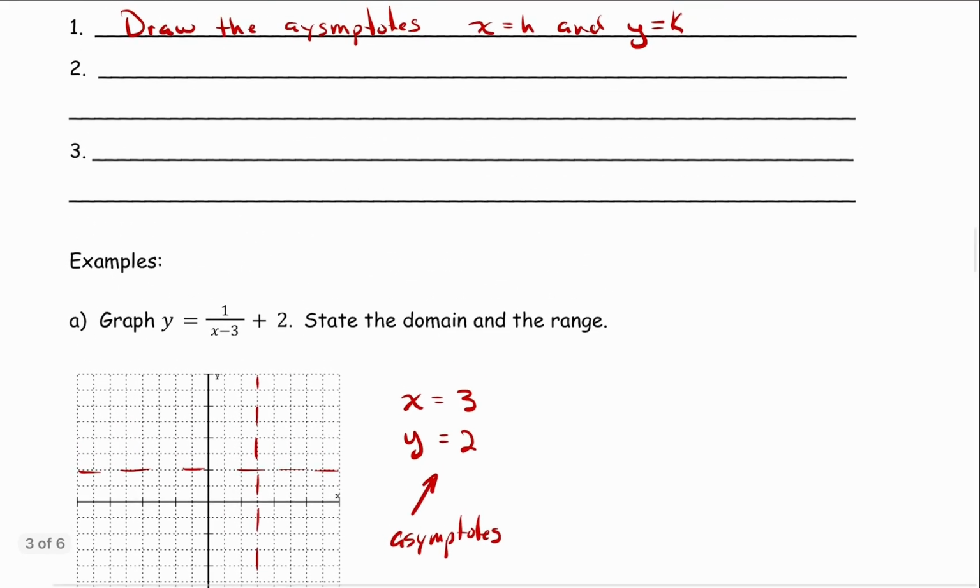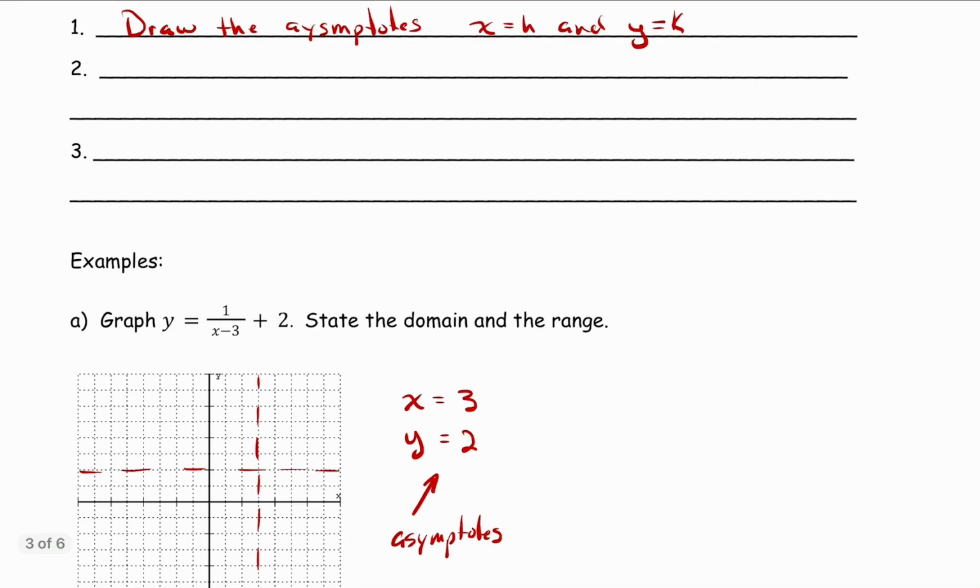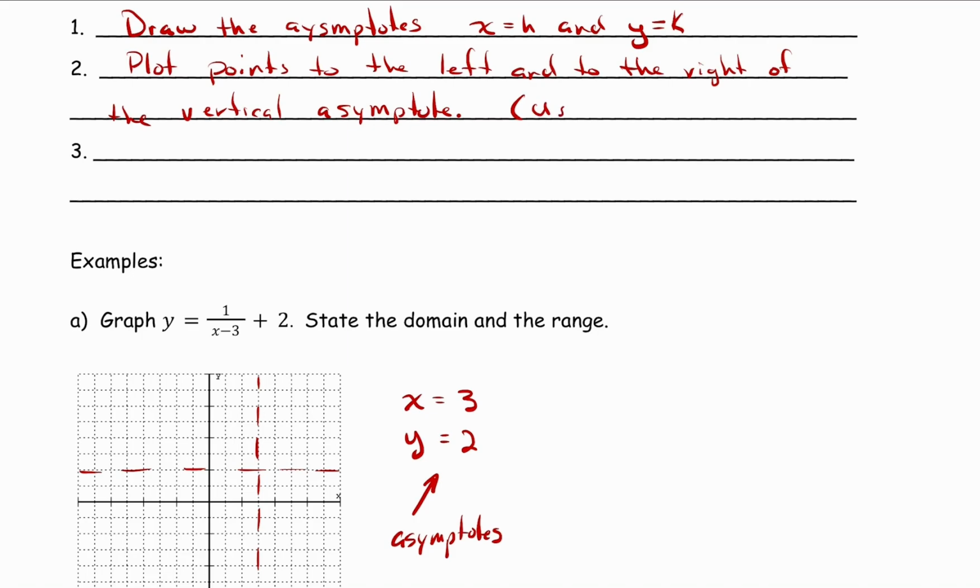Then we can go to step 2, which is to plot points to the left and to the right of the vertical asymptote. Using a graphing calculator or a calculator in general can make this very simple.